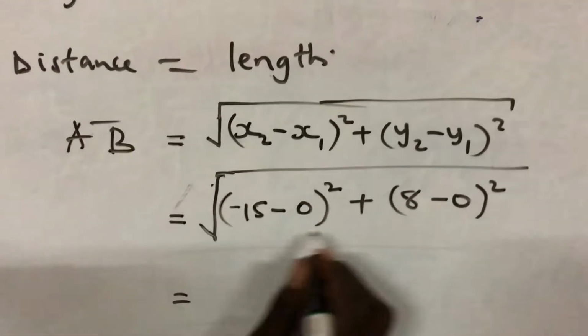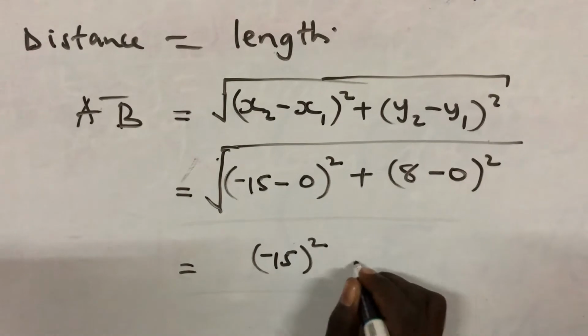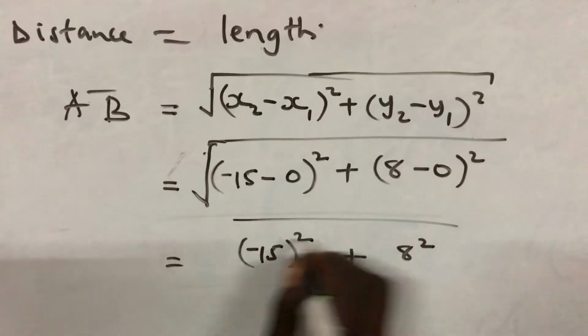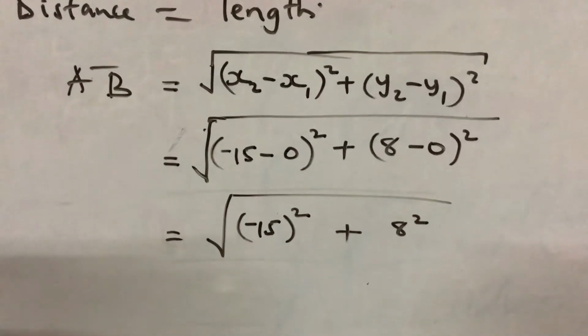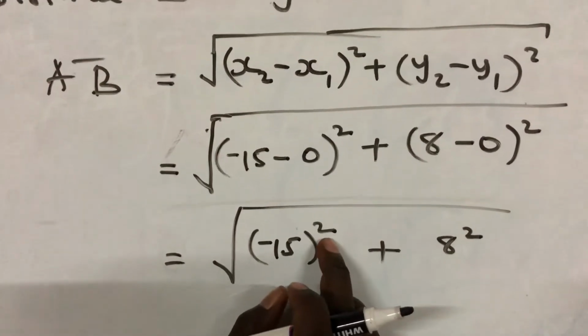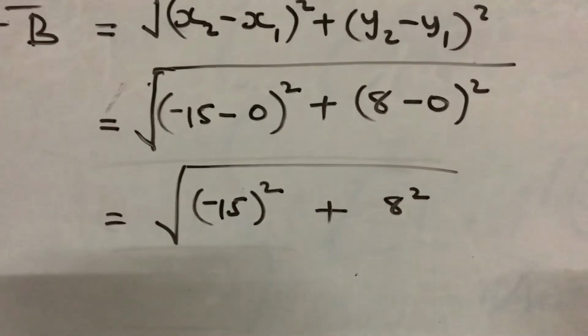So therefore, -15 minus 0 becomes -15 squared, plus 8 minus 0 is 8 squared. Then we get the square root. -15, we still put it in a small bracket squared, because if you press it in a calculator without putting the brackets, it will give you a wrong answer.